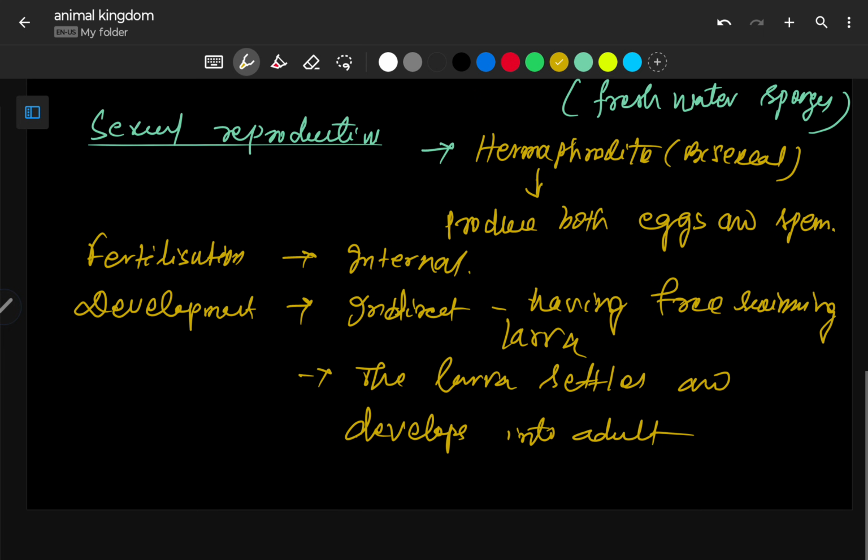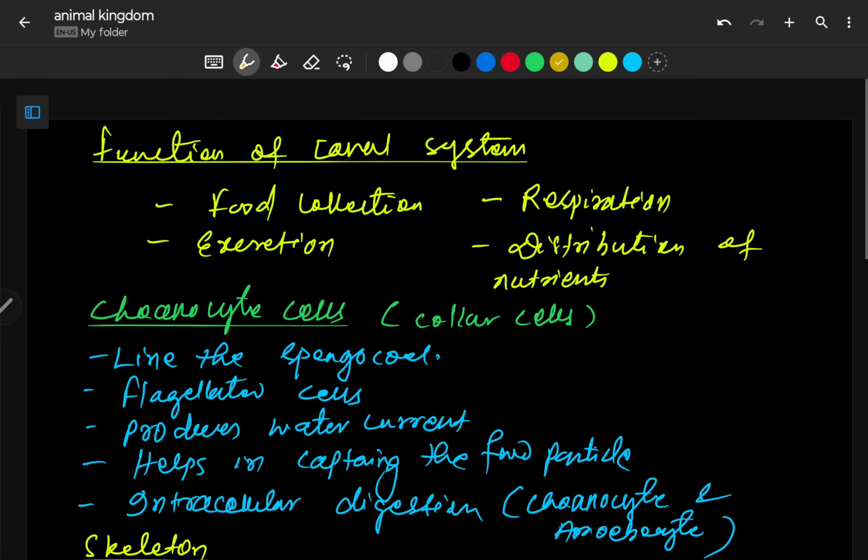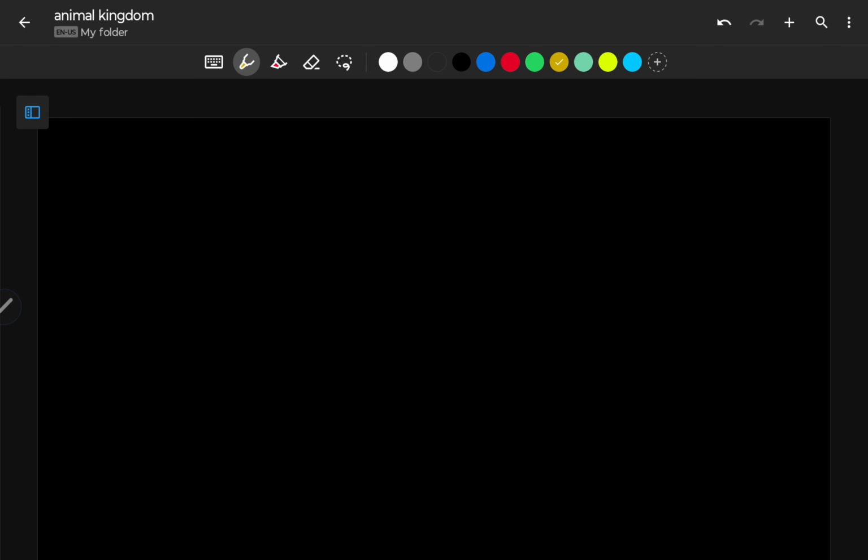Okay, now I'll give you some examples. The examples are very important. Sycon, which is known as Scypha.